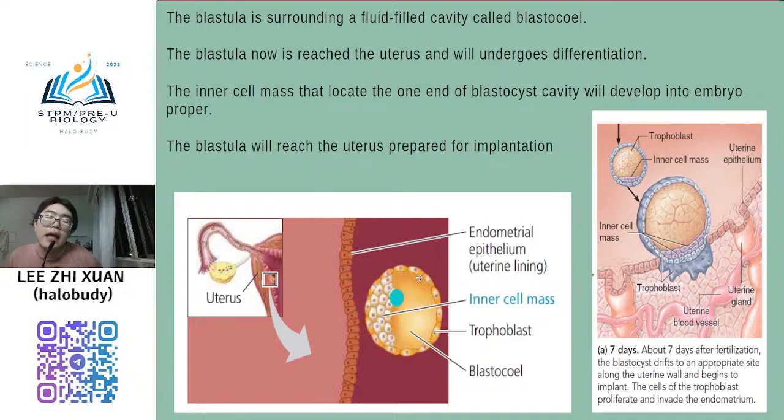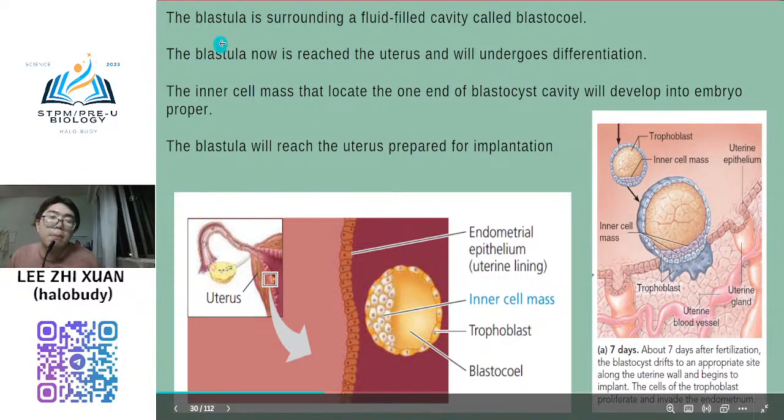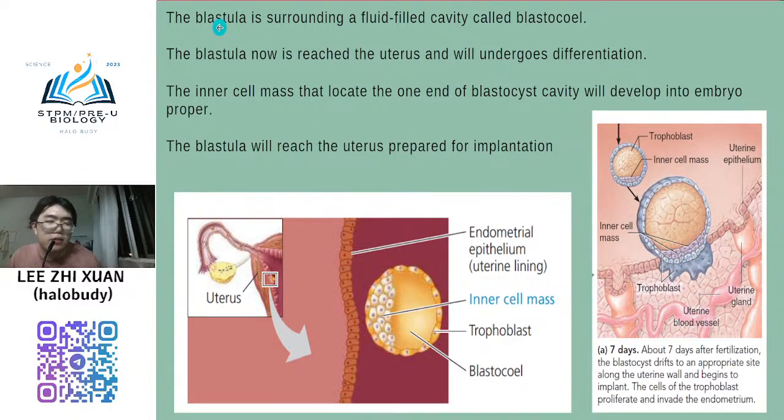Once they have formed the blastula or blastocyst, later it will undergo implantation into the endometrium wall. So how is this endometrium wall formed? This endometrium wall is formed during the menstrual cycle due to four hormones: FSH, LH, progesterone, and estrogen, especially progesterone and estrogen.